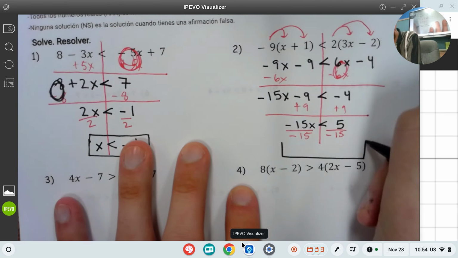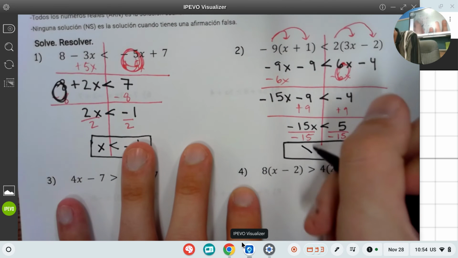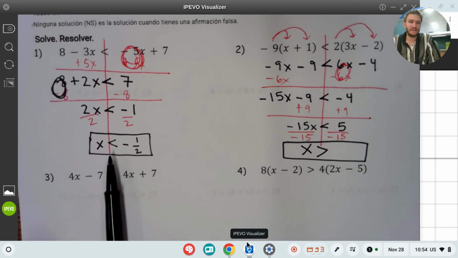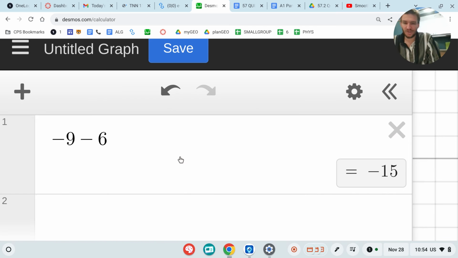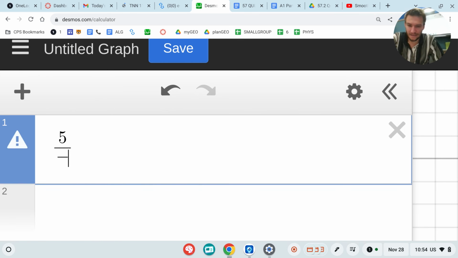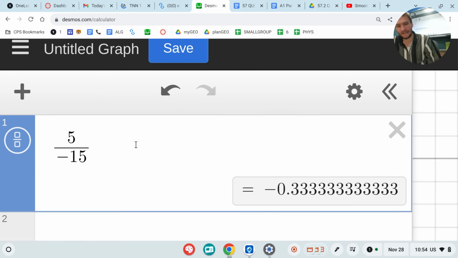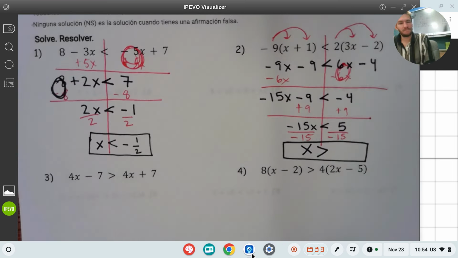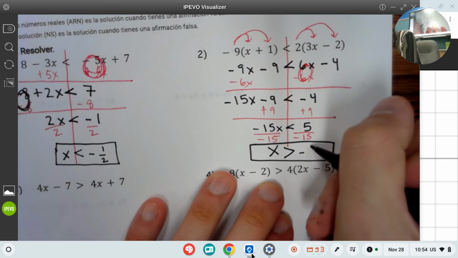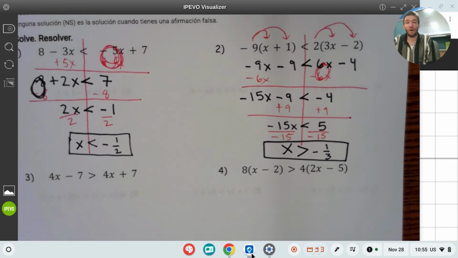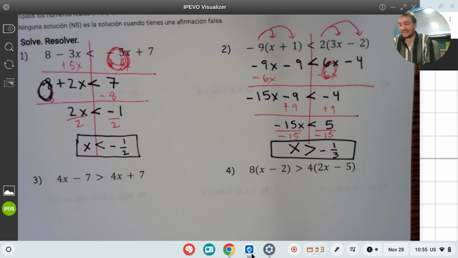When we do that, it's going to flip our sign because we divided by a negative. And just check your fraction on Desmos. 5 divided by negative 15. Tells me a decimal. Hit the fraction button. Negative 1/3. All right. Negative 1/3.